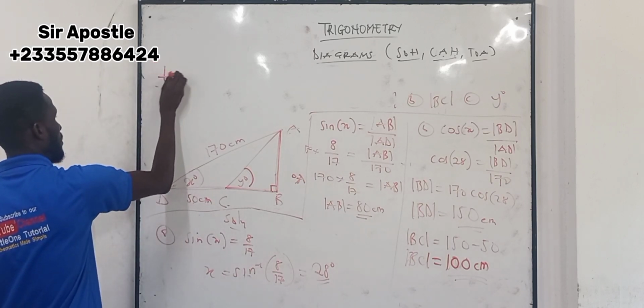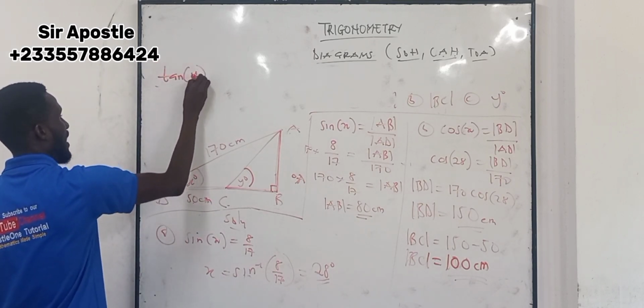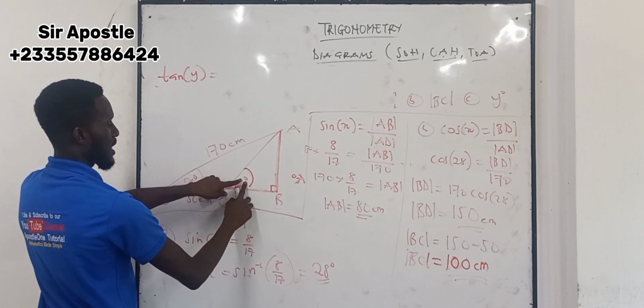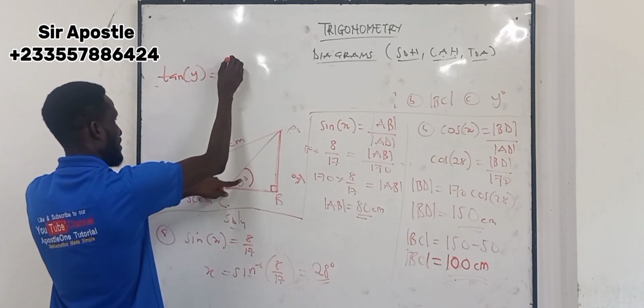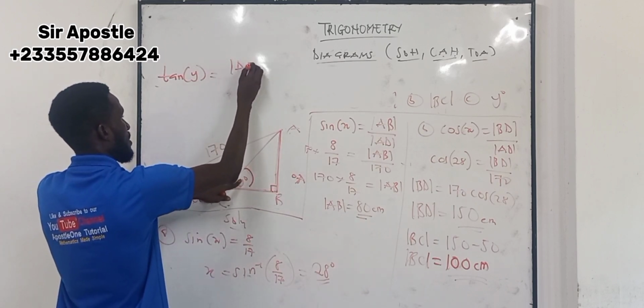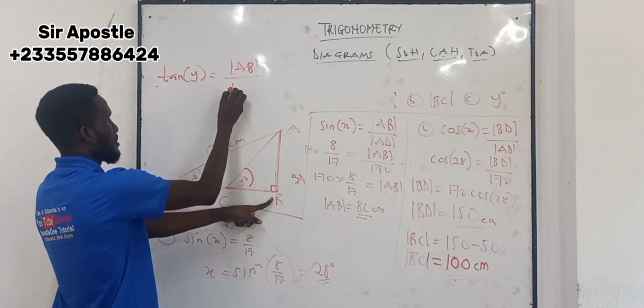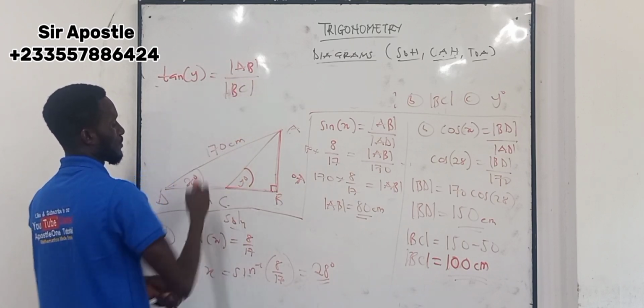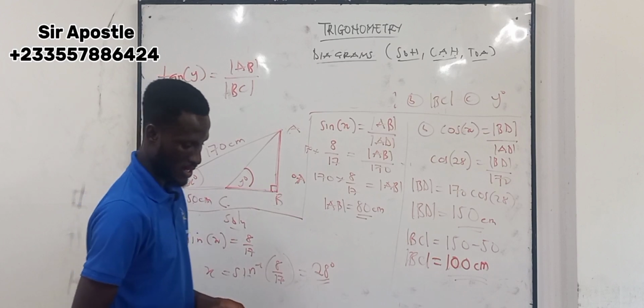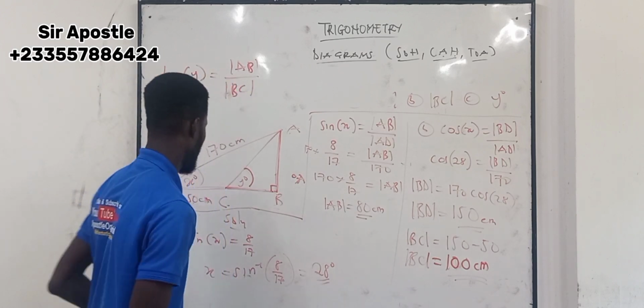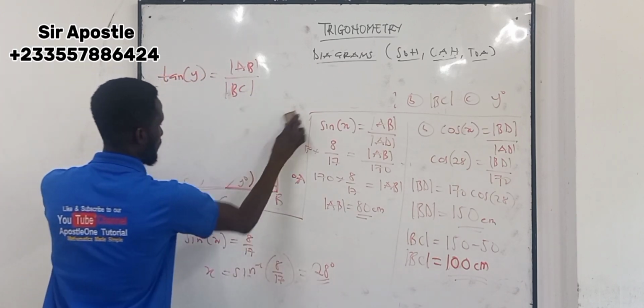So tan of the angle Y, we have opposite, that is AB, divided by adjacent, that is BC.